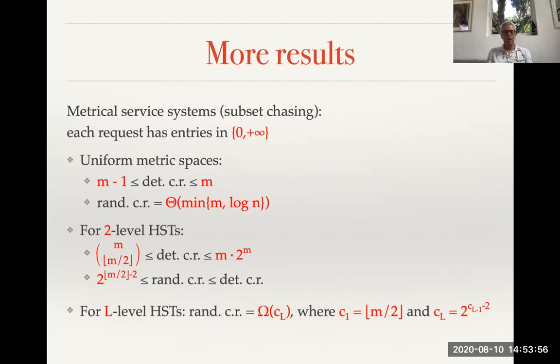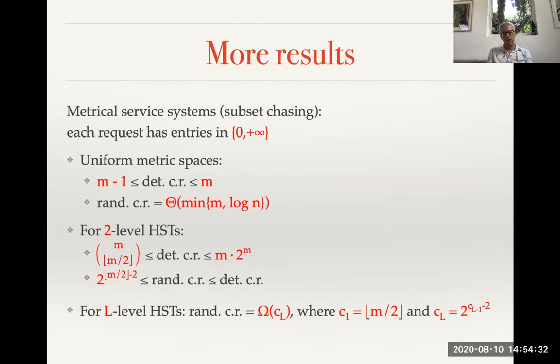Now here, in uniform metric spaces, both the deterministic and the randomized competitive ratio depend on m if m is small. So if m is smaller than the competitive ratio for the general case, we get a dependence on m. But there's no difference between the deterministic and randomized competitive ratio for sufficiently small m, if m is below log n.